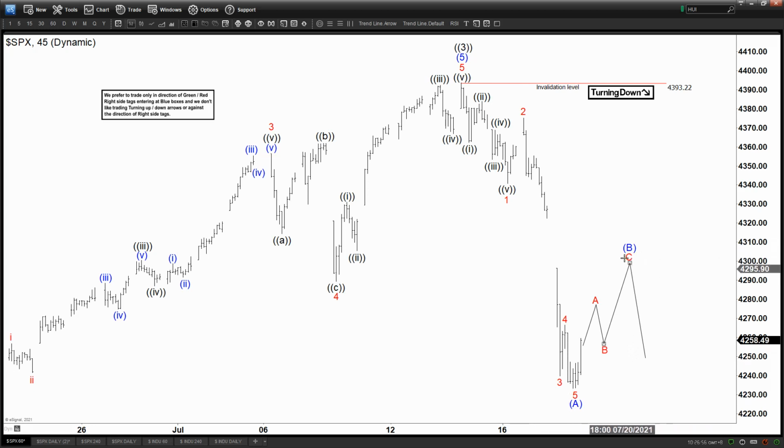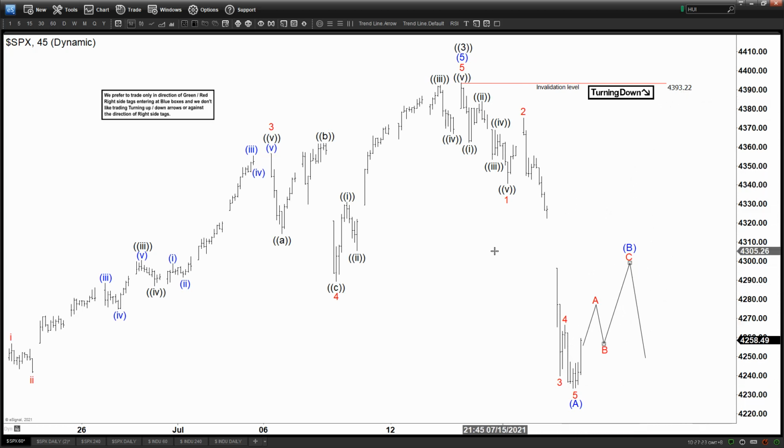But it should be in 3 waves, and as long as we stay below this level here for 4,393, we should be looking for more downside. We have, for example, a chance to close the gap here around 4,323, let's say, before turning lower. It doesn't mean this is wrong. It just means that the rally is a little bit bigger, and as long as we stay below 4,393, we should be looking for the downside.